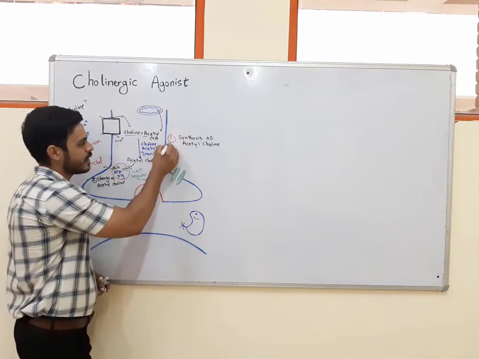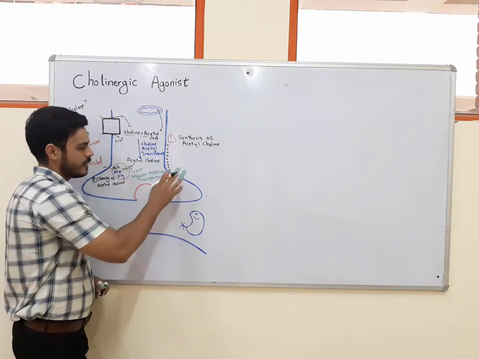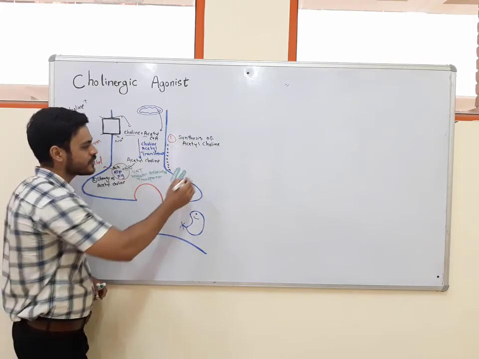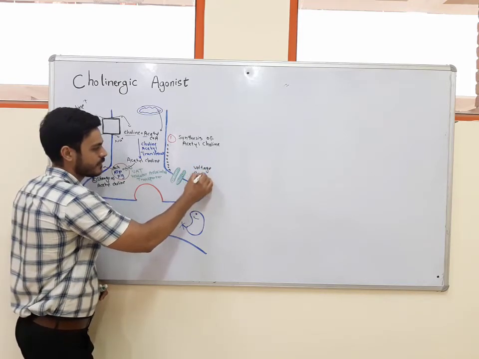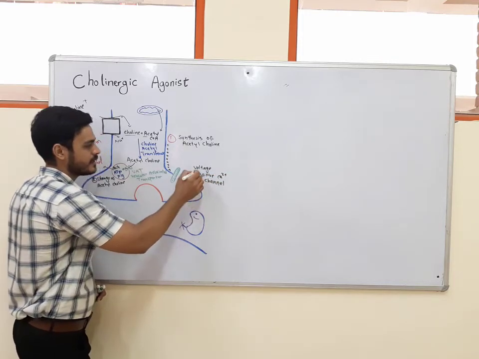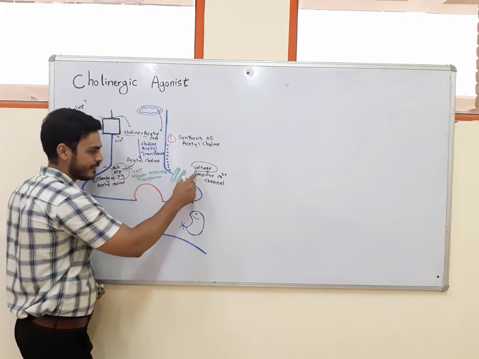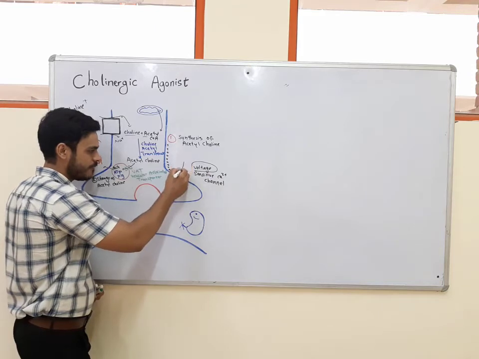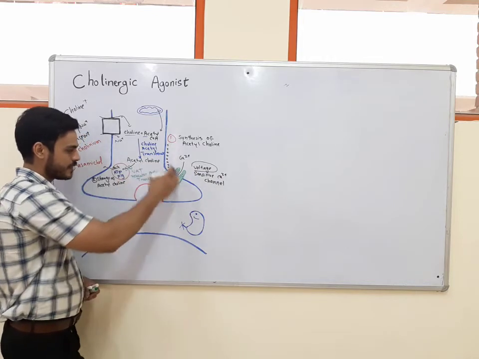When an action potential reaches the nerve terminals, it will open some channels which we have in the nerve terminal, and these channels are voltage sensitive calcium channels. These calcium channels are sensitive to voltage, and when the action potential reaches the nerve terminal, it can open the voltage sensitive calcium channel, and by opening of this channel, we can see influx of calcium inside the nerve terminals.